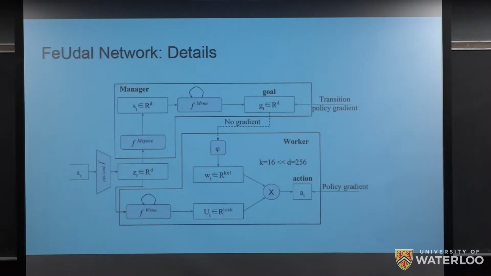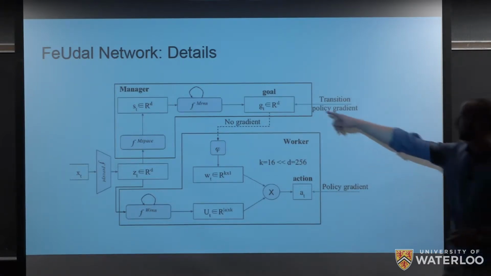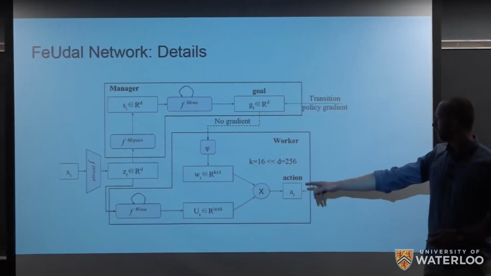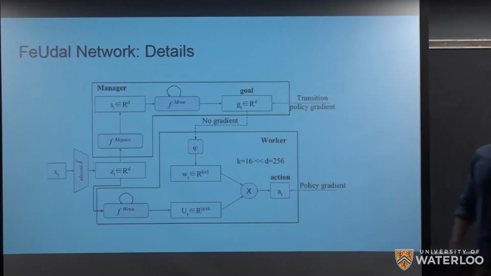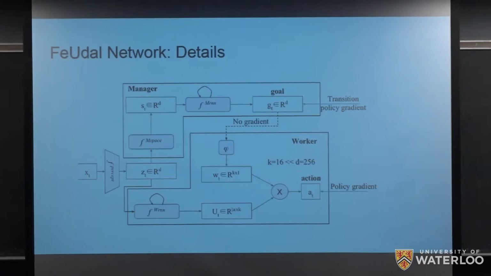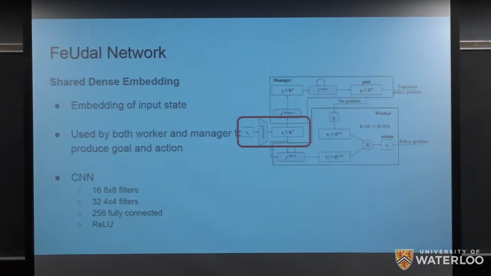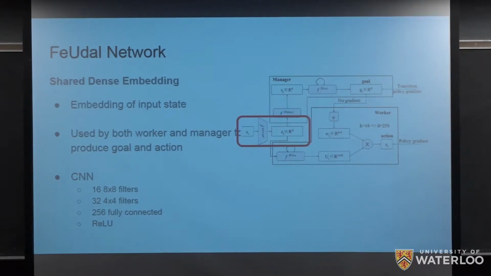Okay, so that last diagram I showed was a really simplified version. Here's the true architecture. We have the manager, we have the worker, and now we'll get into some details about what's actually going on inside this. The first thing to notice is that there's a shared dense embedding for both the manager and the worker.